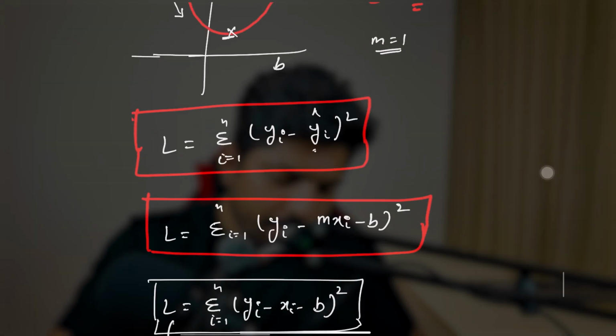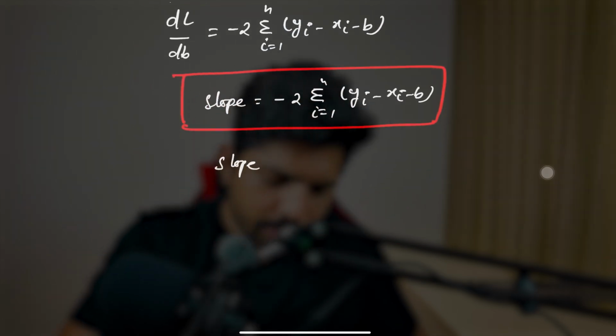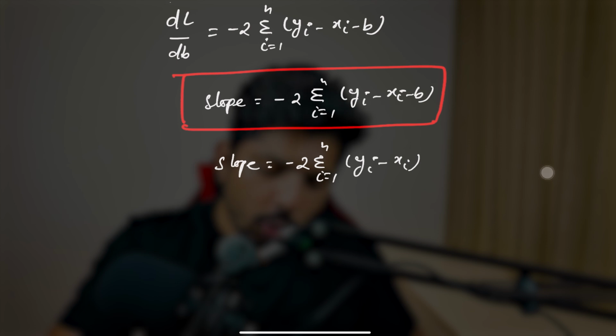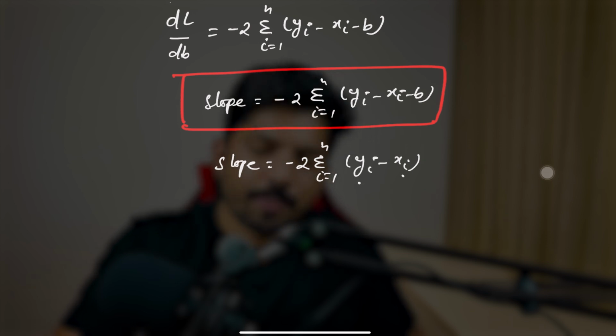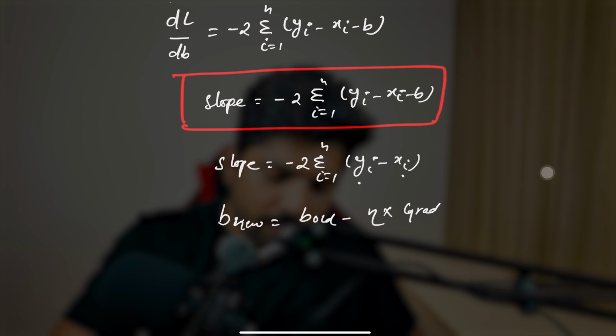So here, we'll just take the value of b equal to 0 for now. So it will become minus 2 times (yi minus xi), correct? And we know that we have the values of x and y, so we'll just plug those values in this equation and we'll be able to find the slope, correct? And we know that b new will be b old minus the gradient, correct?